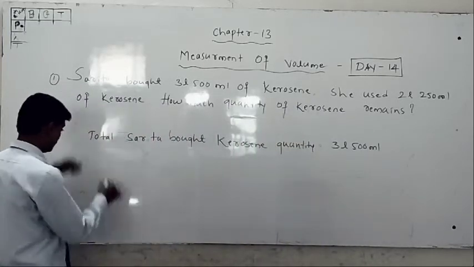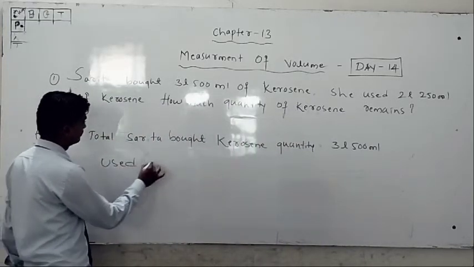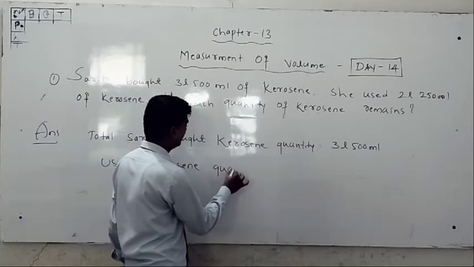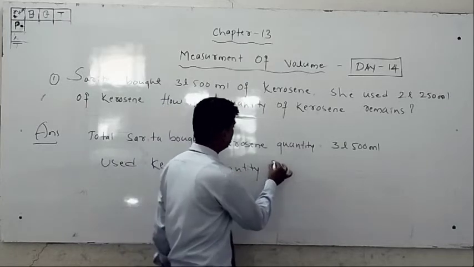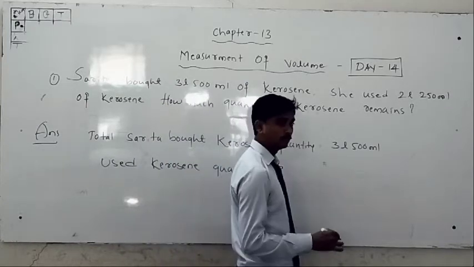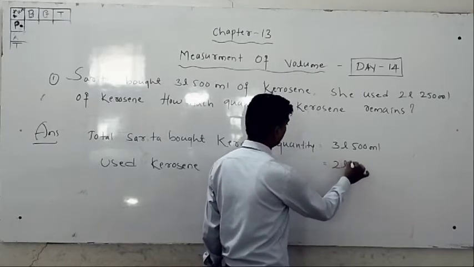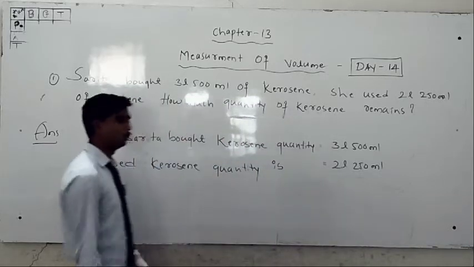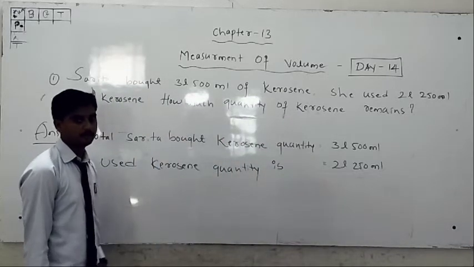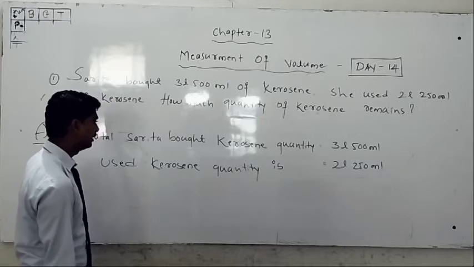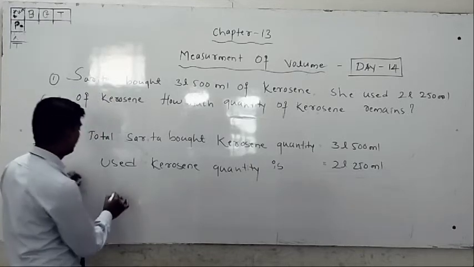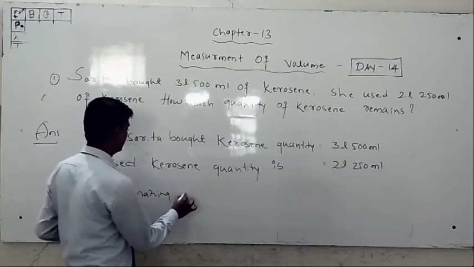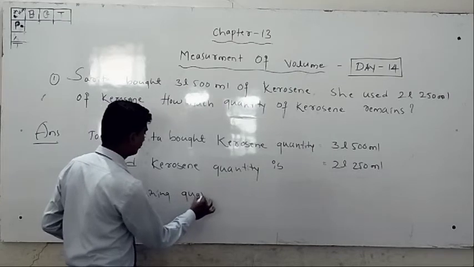Then used kerosene quantity is 2 liter 250 ml. Okay. Then next, remaining quantity of kerosene.